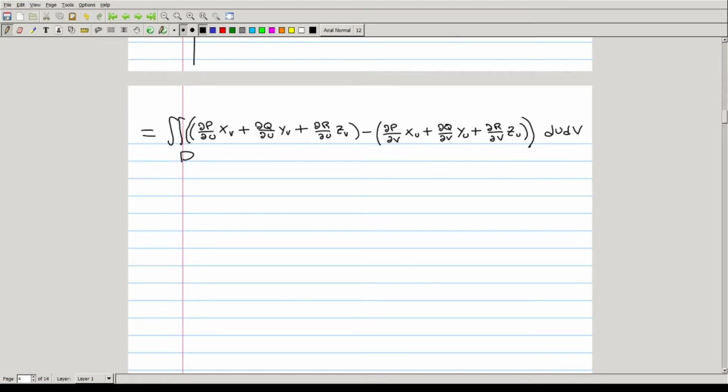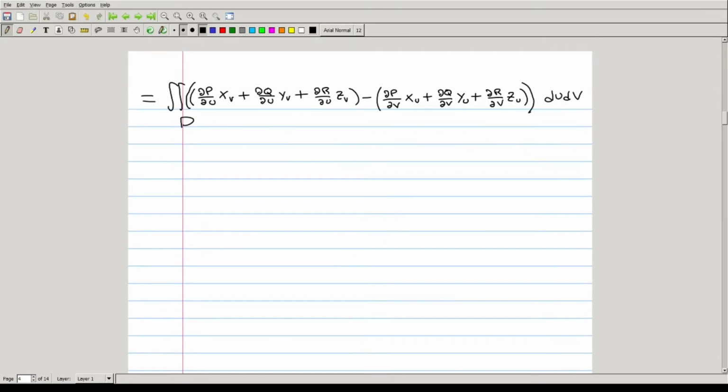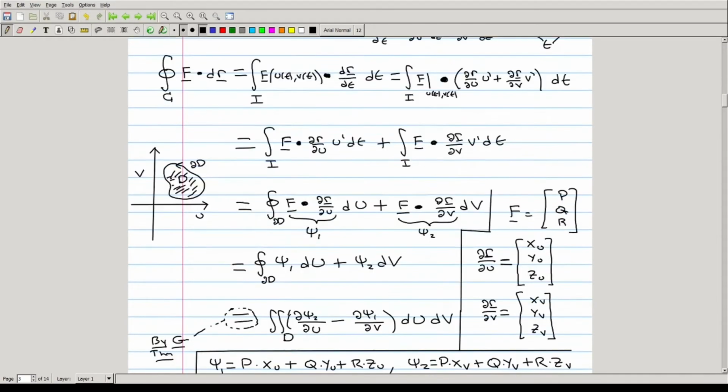Now, this is long, and you might be wondering how we're going to actually get exactly what we want. But rest assured, we will be able to get it. We're going to have to use the chain rule again one more time, though. And it's going to become a little bit longer than this as well. But just remember where we are.